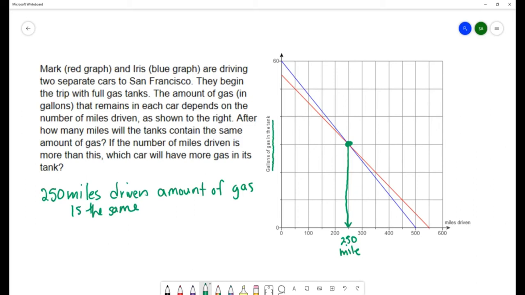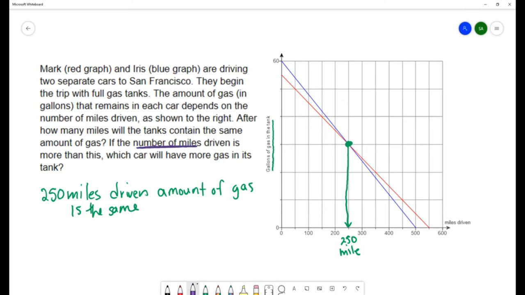Okay, so let's take a look at the second question. If the number of miles driven is more than this, which car will have more gas in its tank? So we're talking about the number of miles now.